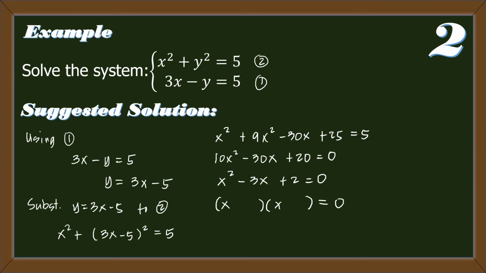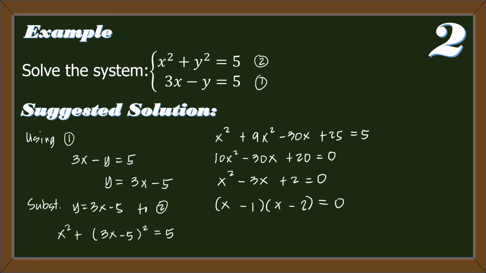The second terms would be two numbers whose product is positive 2 and whose sum is negative 3. Then we have negative 1 and negative 2. So x squared minus 3x plus 2 equals 0 can be rewritten as x minus 1 times x minus 2 equals 0.